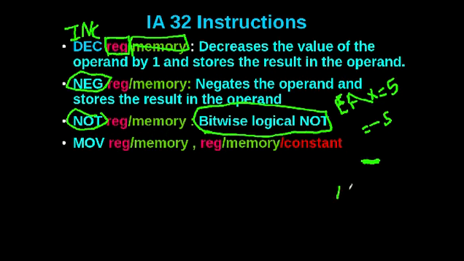If I had 1 0 1 0, what's the NOT of it? All of it is going to be flipped, 0 1 0 1, like the one's complement. But usually it takes 1 bit. So if I take 1 bit, 1 becomes 0, and 0 becomes 1.